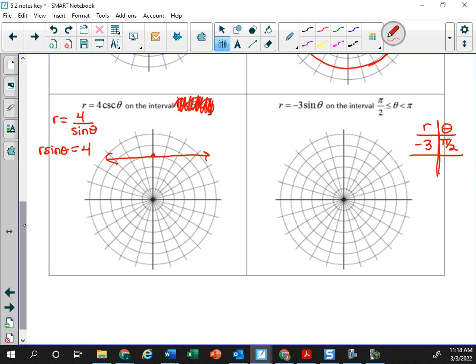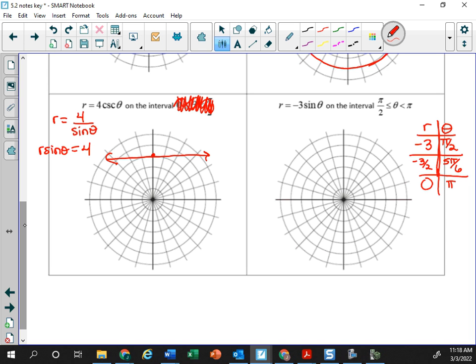Okay. I'm picking easy things in between pi over 2 and pi. So for sine, I would pick 5 pi over 6. Because what is the sine of 5 pi over 6? Okay, so this is negative 3 halves. And then pi, what's the sine of pi? 0. Okay, real quick, let me plot those.